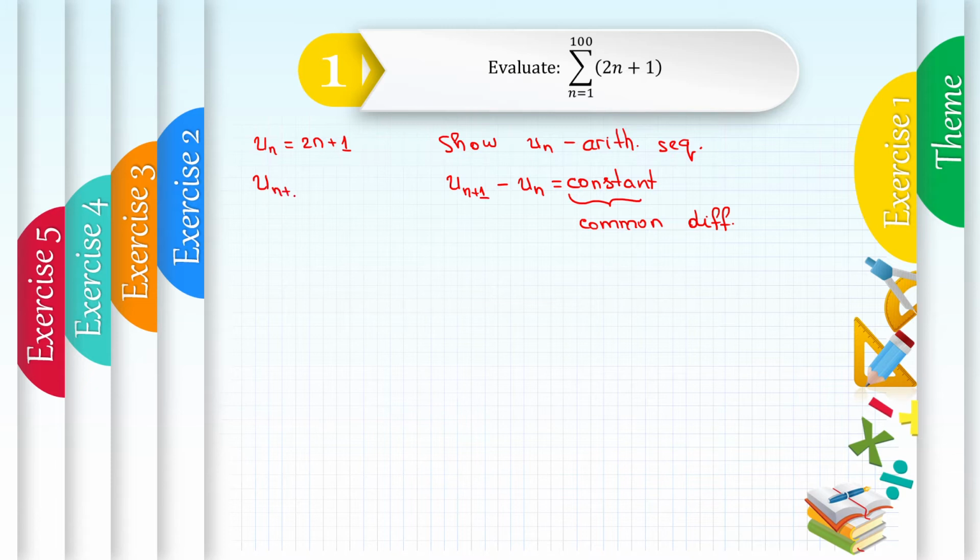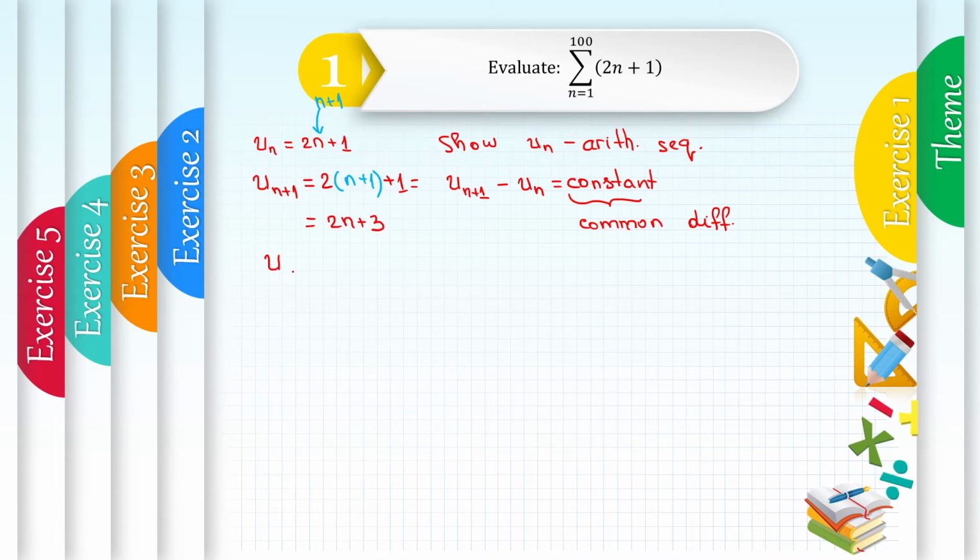U sub n plus 1 will be equal to, so I'll remind you that for finding u sub n plus 1 we have to replace in the formula of u sub n, n with n plus 1, and we will get that u sub n plus 1 is equal to 2 multiplied by n plus 1 and plus 1, which gives us 2n plus 3.